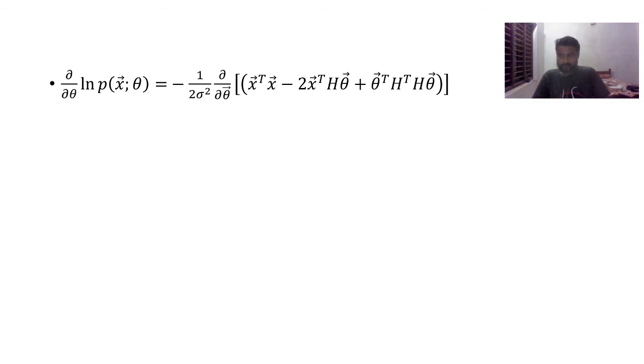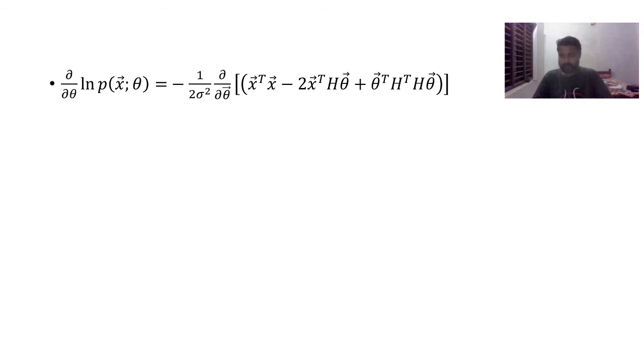Since in the previous case you have the two terms, that is x transpose h theta and theta transpose h transpose x, I can now write it as x transpose h theta. So x transpose h theta plus x transpose h theta becomes 2 x transpose h theta. Okay, I think it's clear for you.